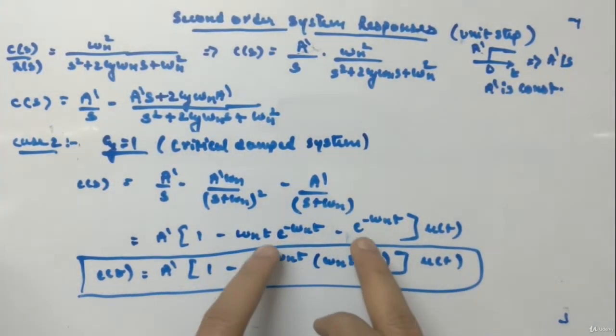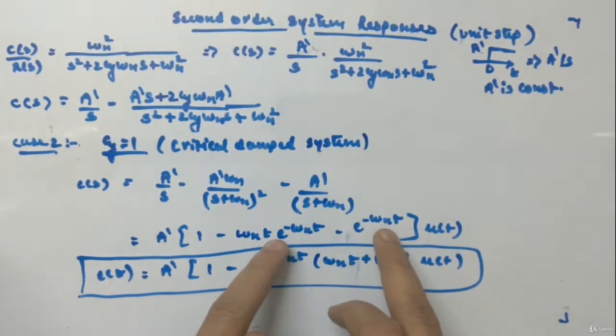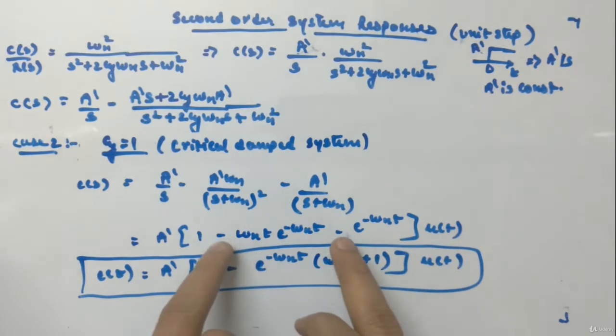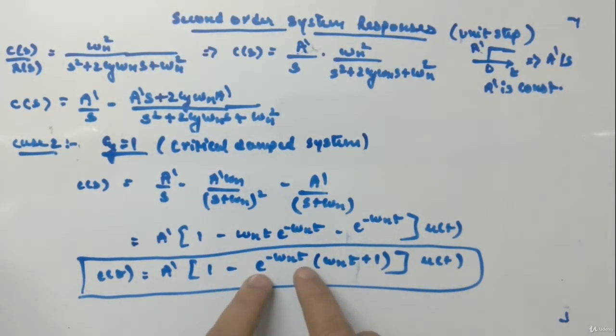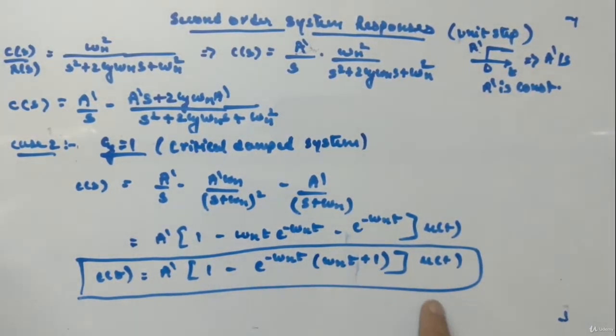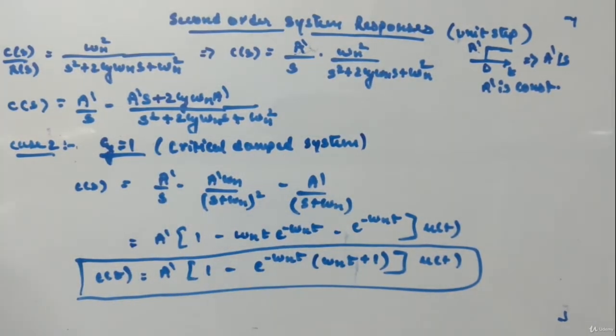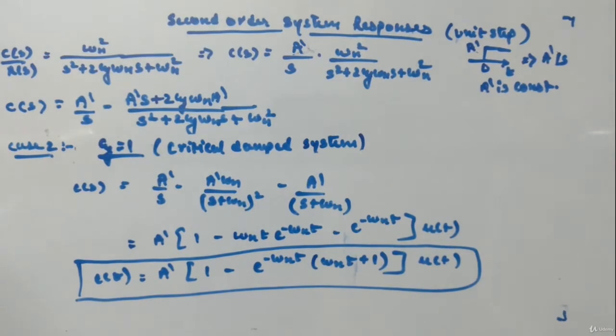If you want to take common, you can take the common term e to the power minus omega n t and the minus sign. So I took the minus sign common, e to the power minus omega n t common, and in the bracket omega n t plus 1. This is ut. This is the expression for a critically damped system, but mind you, the input is still a unit step.